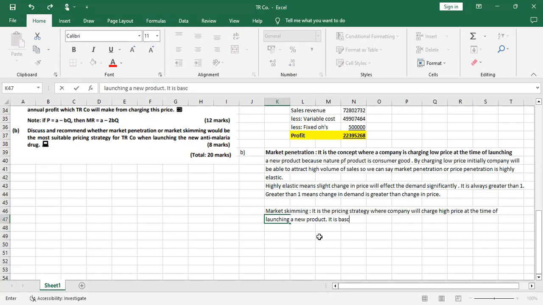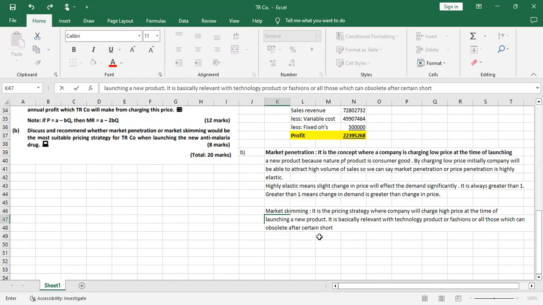It is basically relevant with technology products or fashions or all those products which can become obsolete after a certain short period of time, like within 1 year, within 2 years.